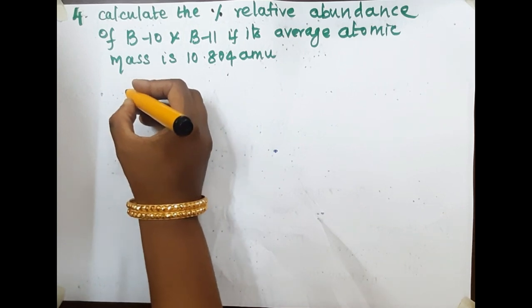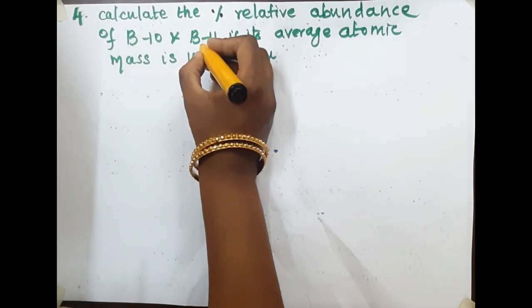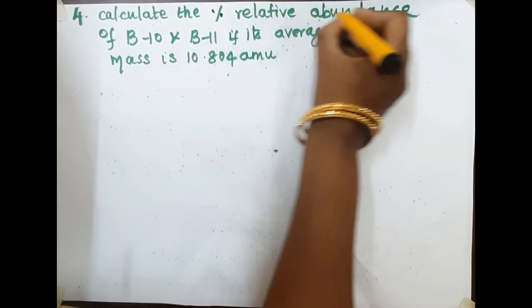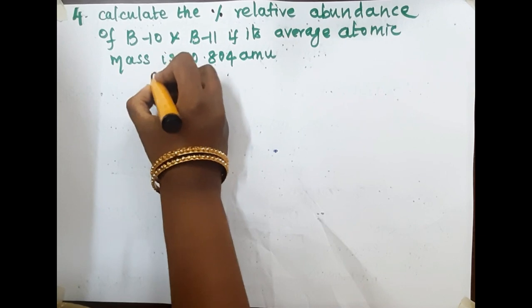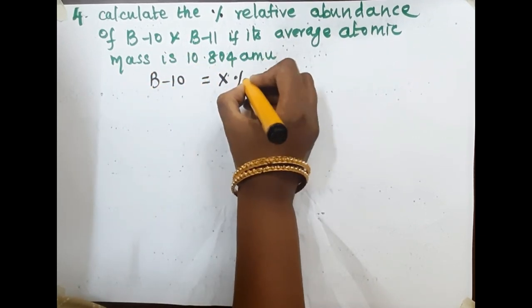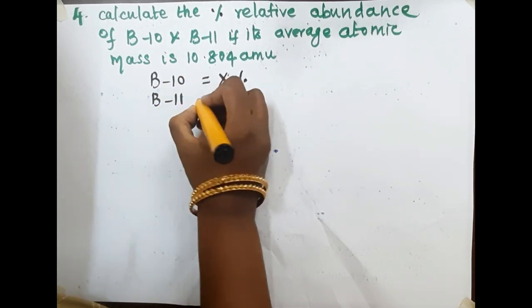See here. Let B10 and B11 be the isotopes of boron. The relative abundance of B10 is equal to X percentage. So what will happen about B11?